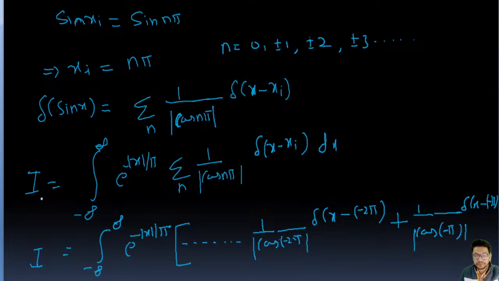Next, n equal to 0, so it's going to be cos 0 mod, delta x minus 0.